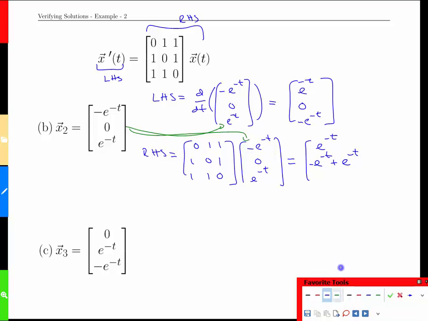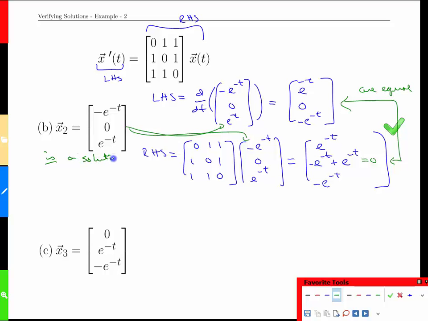So that's going to equal 0. And then the last one is negative e to the negative t, 0, and 0. And so what are we comparing to? To the final value of the right-hand side and left-hand side. These are equal. And so this is a solution. x2 is a solution.